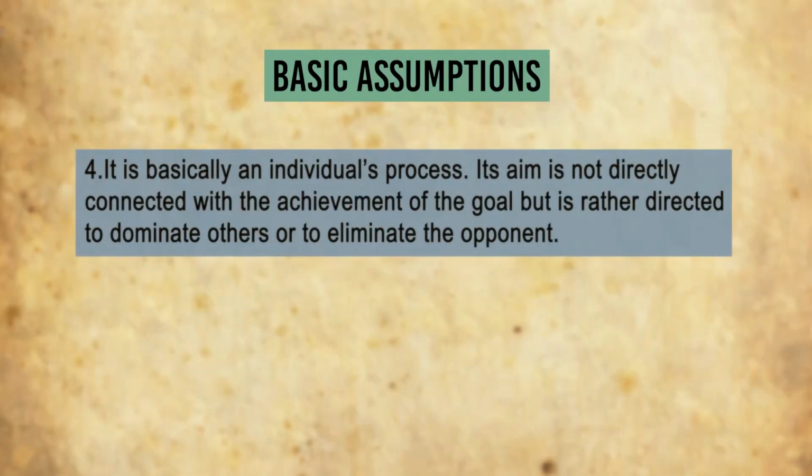Fourthly, it is basically an individual's process. Its aim is not directly connected with the achievement of the goal, but is rather directed to dominate others or to eliminate the opponent. Whether I achieve the goal or not, that is a later issue.